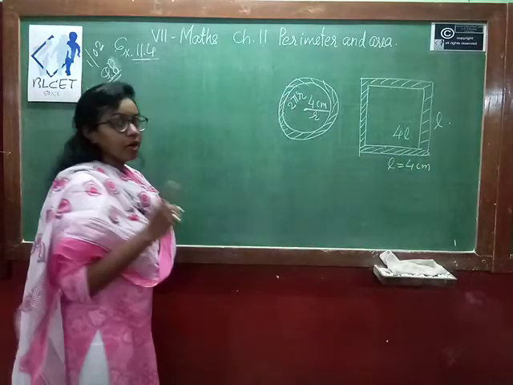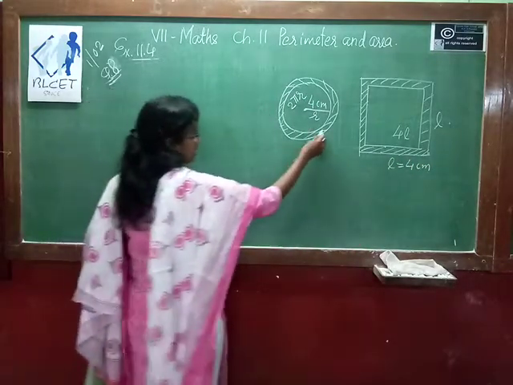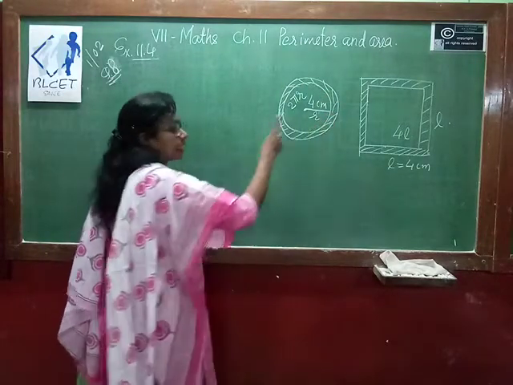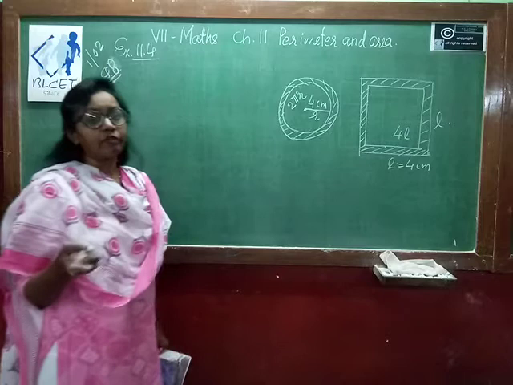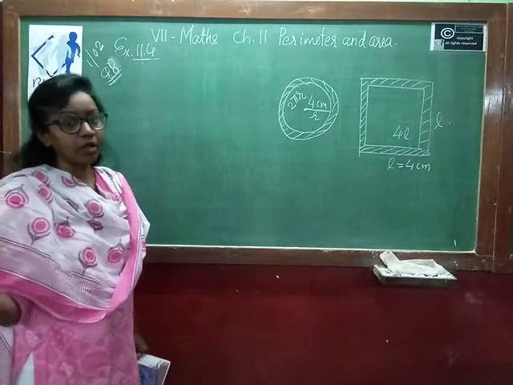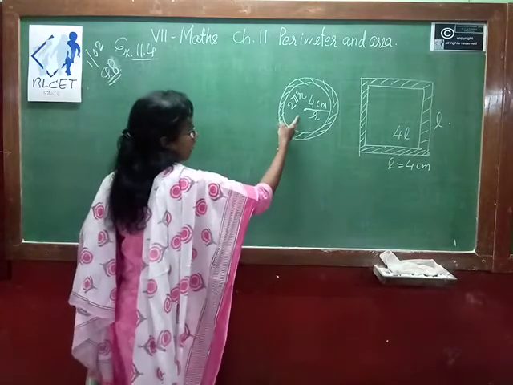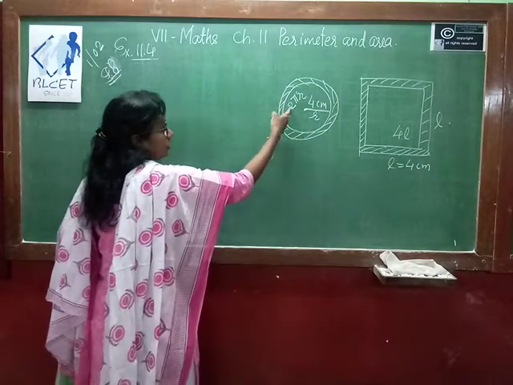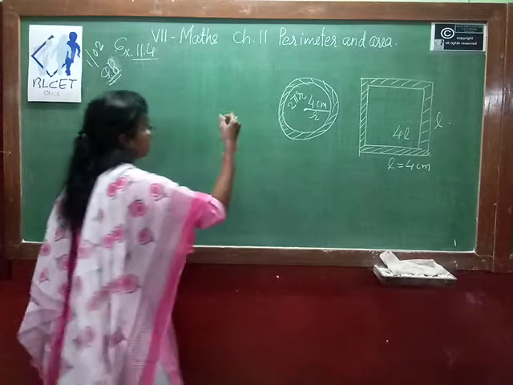Now first of all, what did Pragya do? Pragya took a cord and wrapped it around this circular portion and cut it. So first of all, we have to find the total length of the cord. For that we have to find the circumference of this circle. So what is the formula? 2 pi r is the circumference.